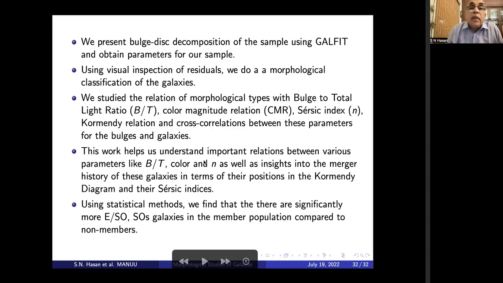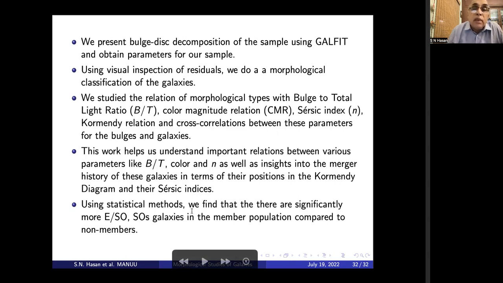This work helps us understand the important relations between various parameters like bulge to total light ratio, color, and the Sérsic index, as well as insights into the merger history of these galaxies in terms of their position in the Kormendy diagram and their Sérsic indices.